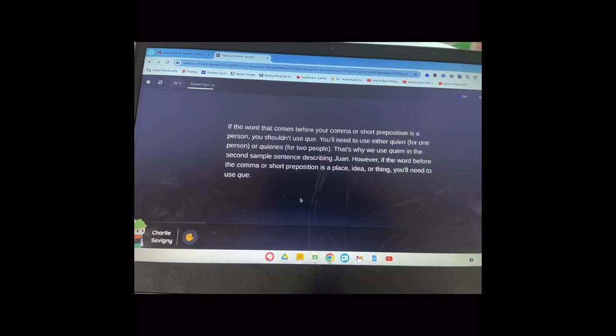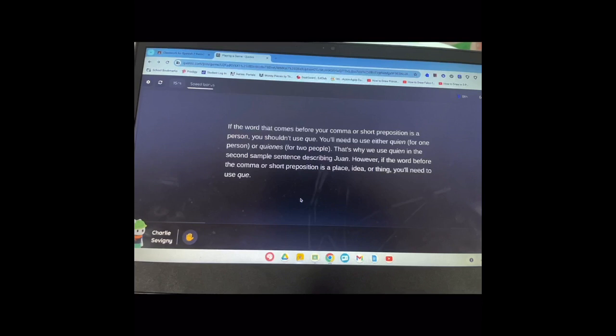The words está and la mesa, which are after the word que, describe libro, so pretty much the book. If the word that comes before the comma or short preposition is a person, you shouldn't use que. You'll need to use either quien for one person or quienes for two or more people. That's why we use quien in the second sample sentence describing Juan.